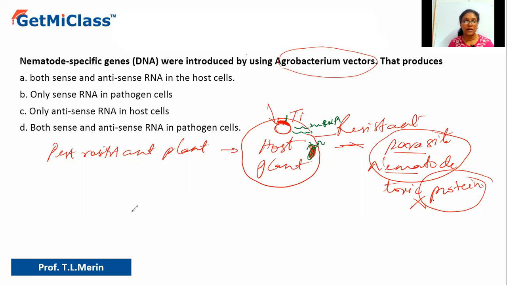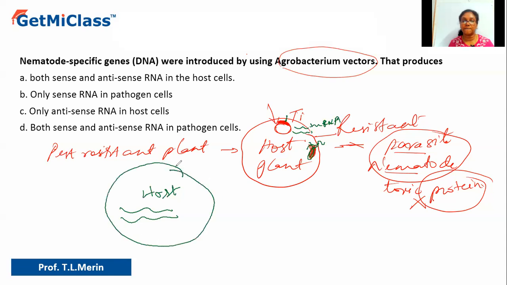So let me show you. Suppose this is the sense strand and this is the antisense strand of the host, coming from the vector and forming within the host. Here is the nematode, the parasite, and it has formed its mRNA. The mRNA that is complementary to this particular RNA will come and bind to it.